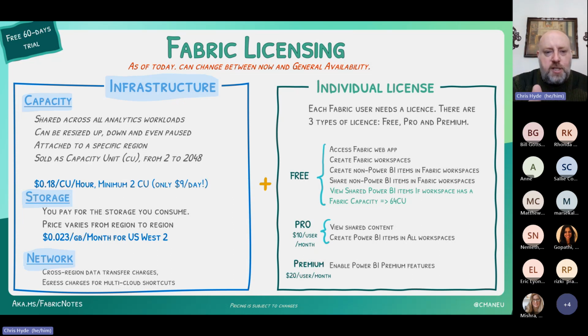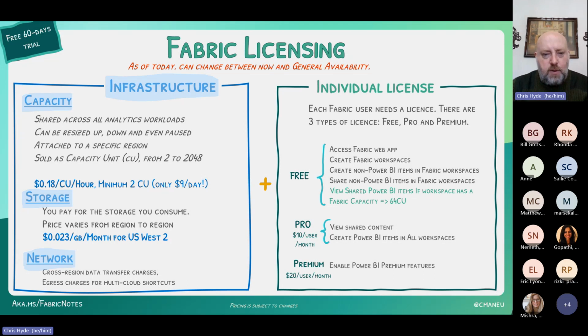We may have a 2-core machine, but we don't have all the CPUs in those 2 cores pegged at 100% all the time, right? We may have some periods where we're using a lot of power, and then some periods where we're using almost nothing. Essentially, when we're buying capacity, we're buying the average capacity that we need.